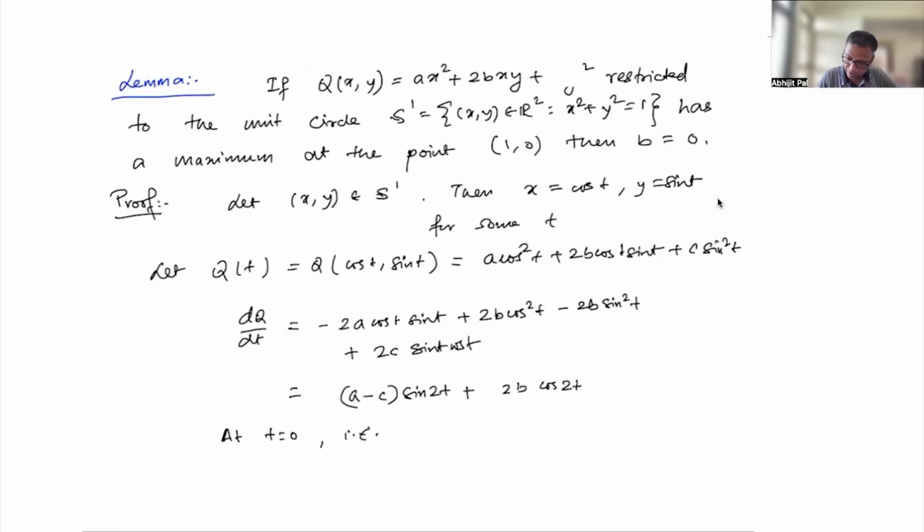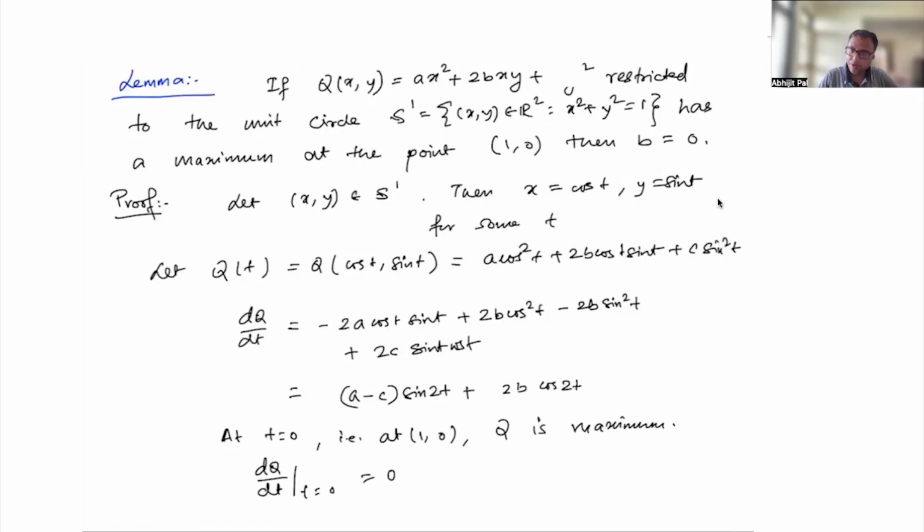So therefore dq/dt at t equals 0 will be equal to 0.